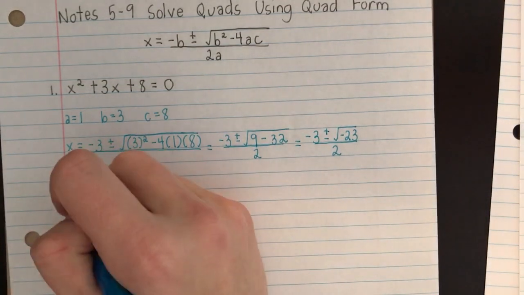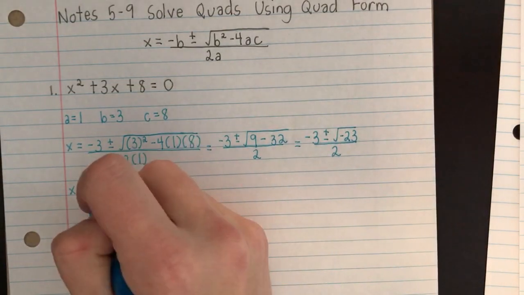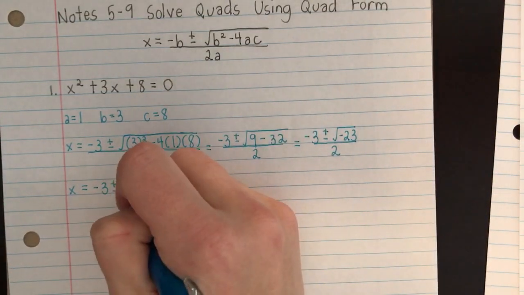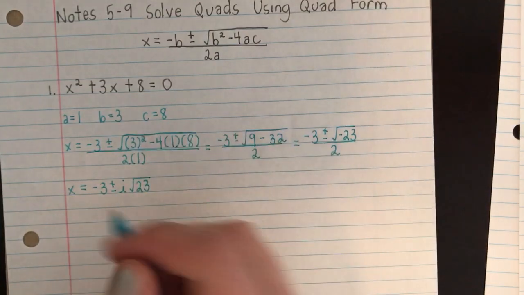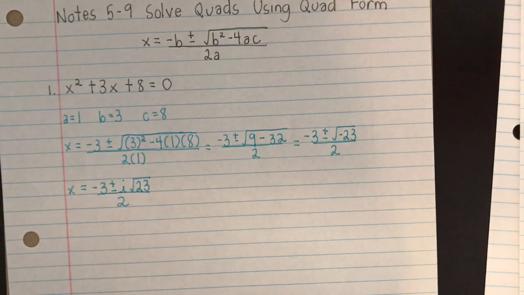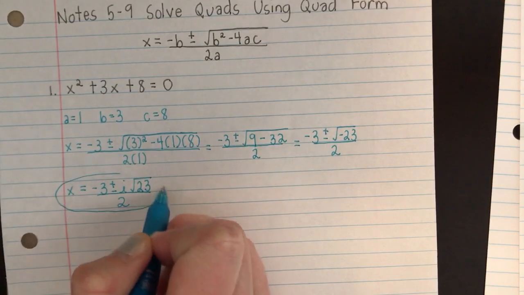So my final answer is x equals negative 3 plus or minus, and I take out the negative, which becomes i, square root of 23, all over 2. There's nothing that can be done further here. Neither this nor this are divisible by 2. So that's your final answer.